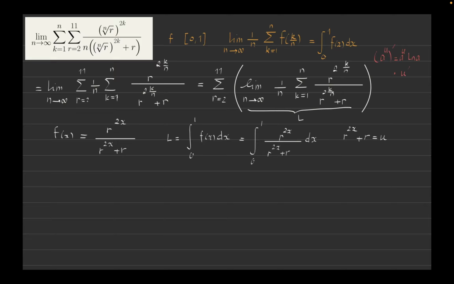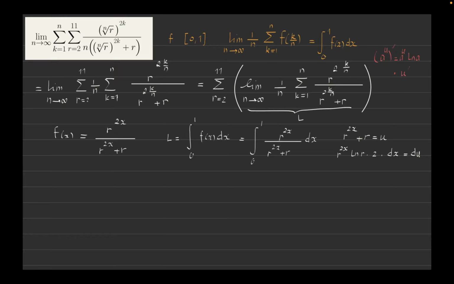Okay, so I will use this formula on the left-hand side by giving the role of a to r and the role of u to 2x. Of course I can calculate the derivative. It becomes r to the power of 2x ln of r multiplied by the derivative of 2x, which is 2, and then plus the derivative of r, but r is a constant, so its derivative is 0, and everything multiplied by dx, and on the right-hand side I will have du.